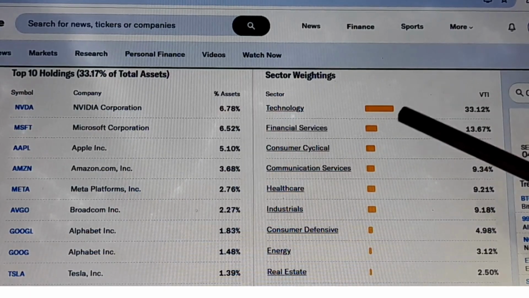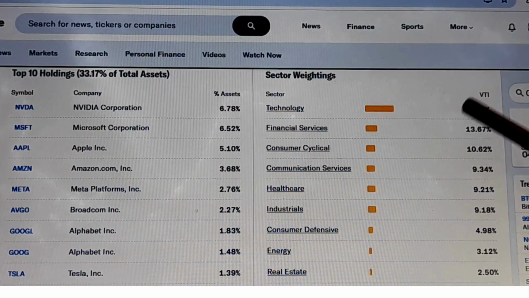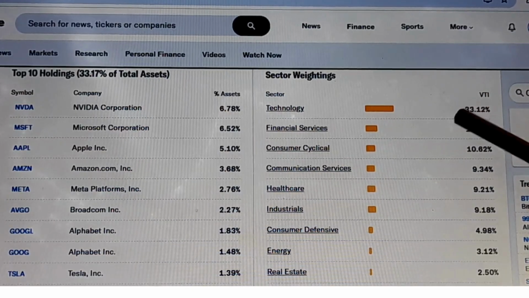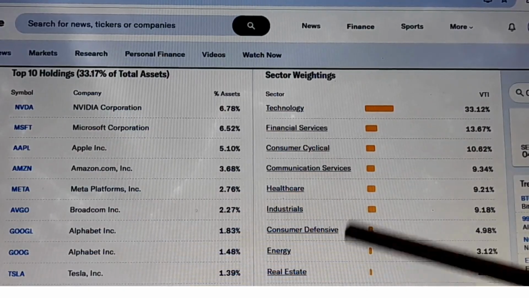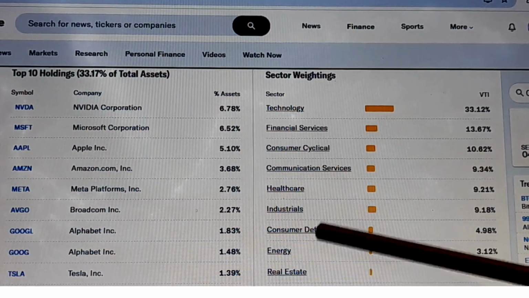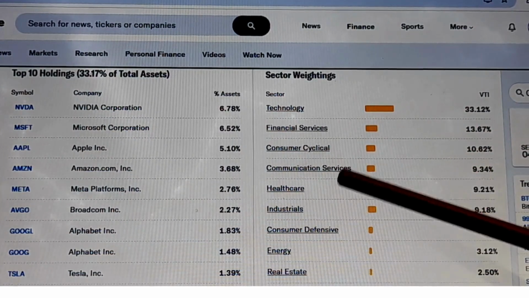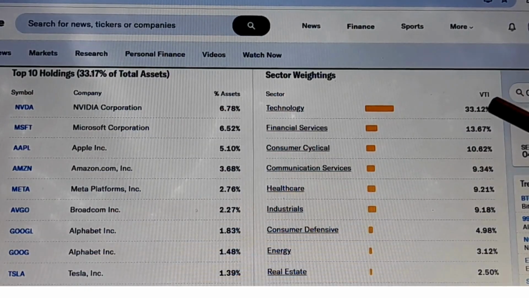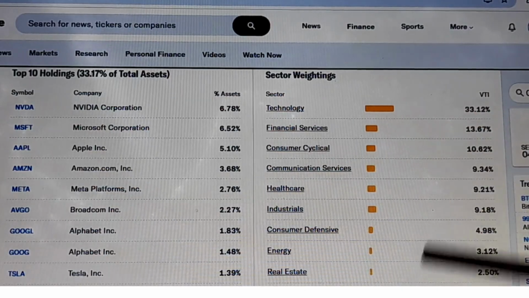If something bad happens and it affects technology, because it carries a very huge weight, it means VTI may start underperforming. So this is what you're supposed to look at. You look at what is happening in energy, in the financial sector, in healthcare. This just helps you to understand what is included in VTI.